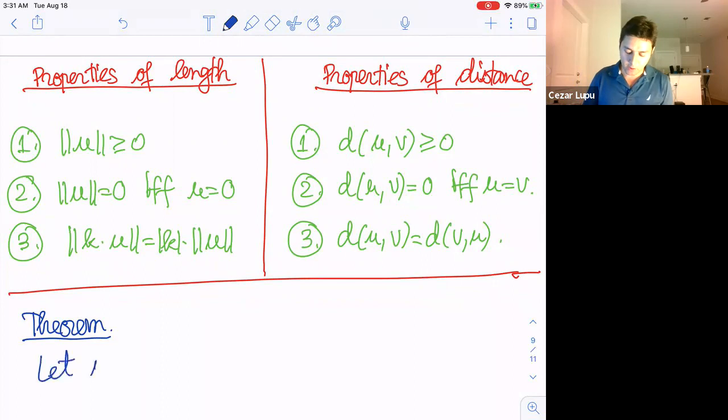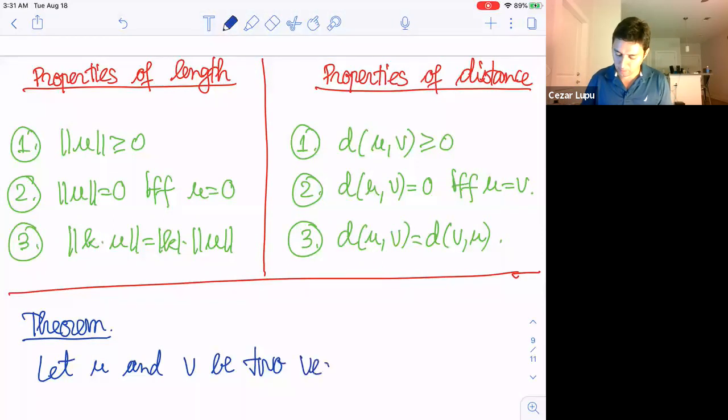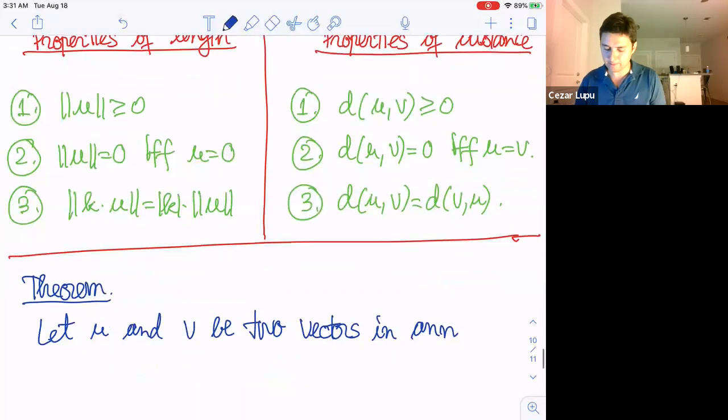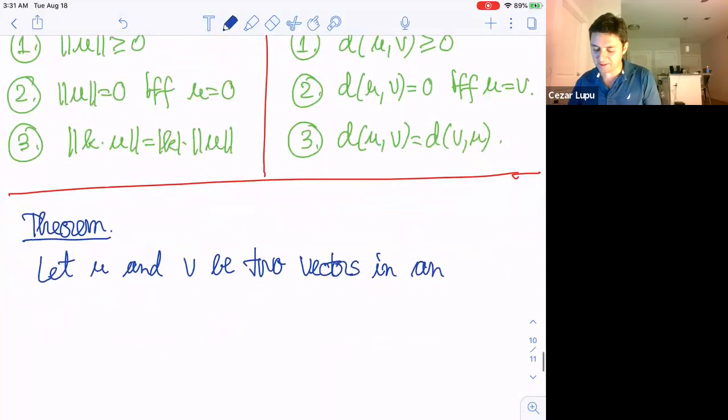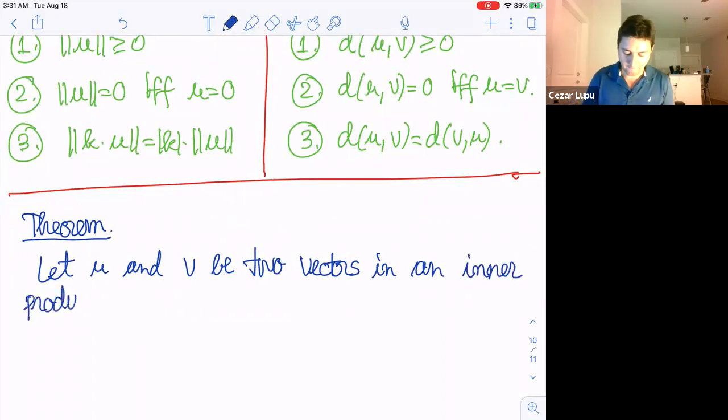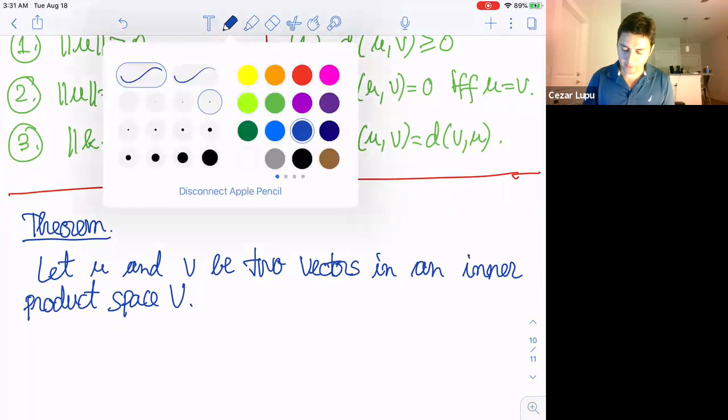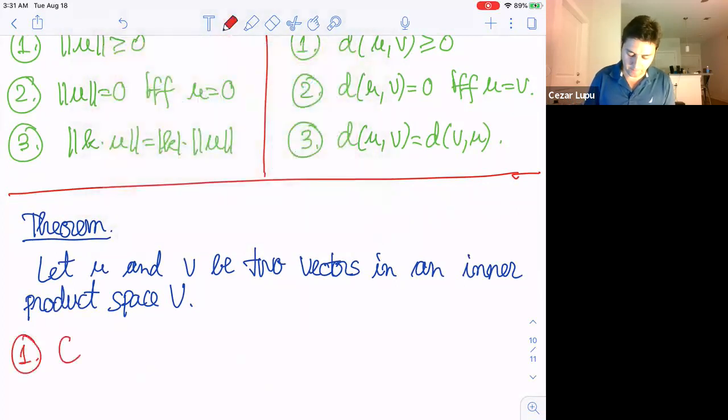Let's consider that U and V are two vectors in an inner product space. The first thing that happens here is the Cauchy-Schwarz inequality.